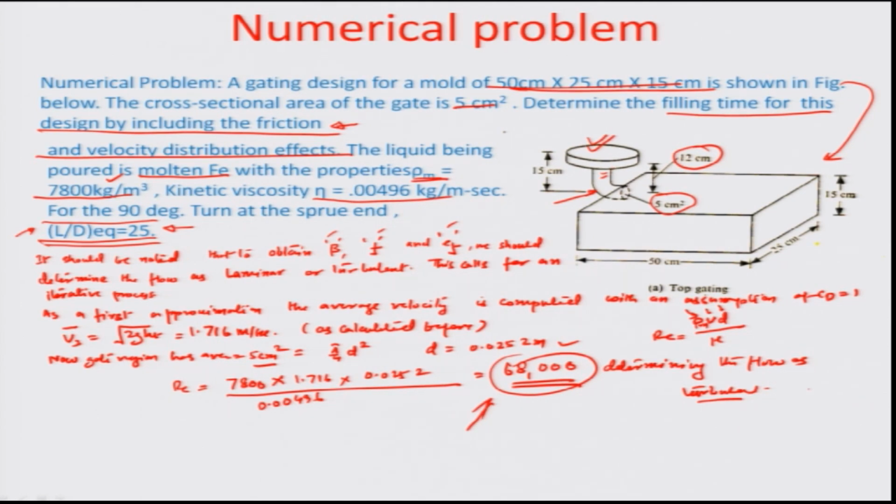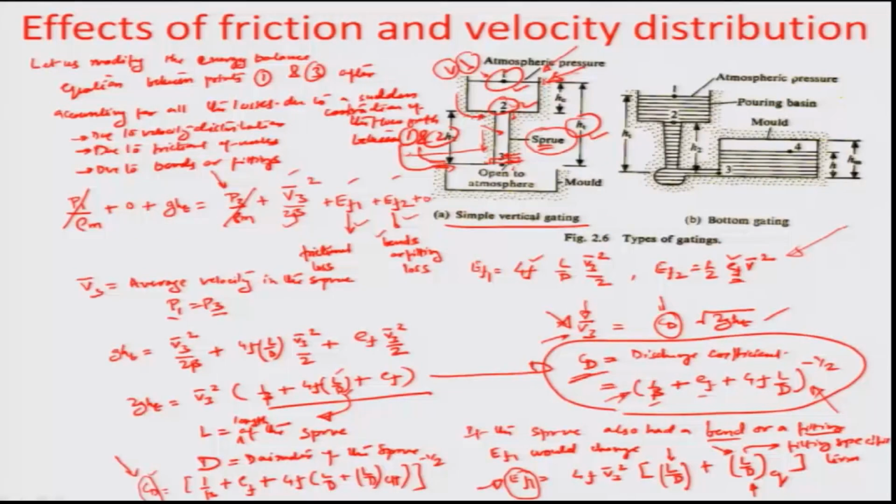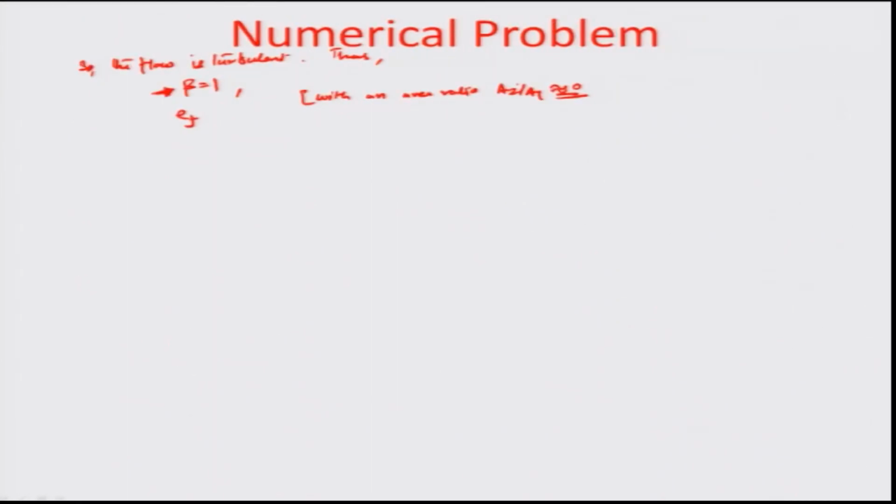So, the A2 by A1, where A2 is the area at point 2 and A1 is the area at point 1. You may have just illustrated about this earlier as 1 here and 2 here, right about this. So, the 2 is always the lower cross sectional area.